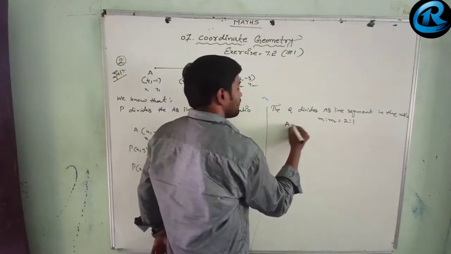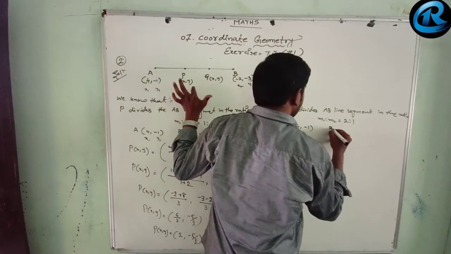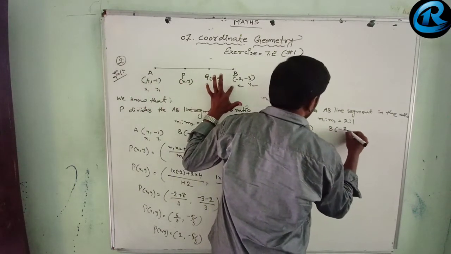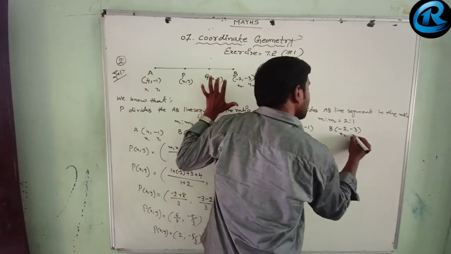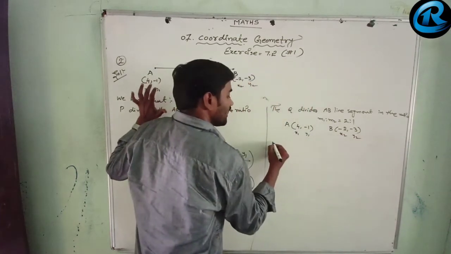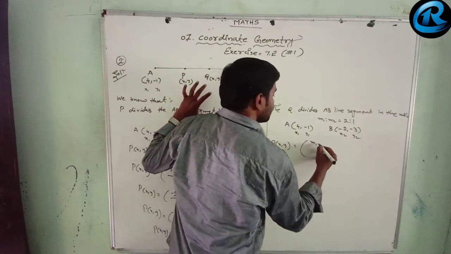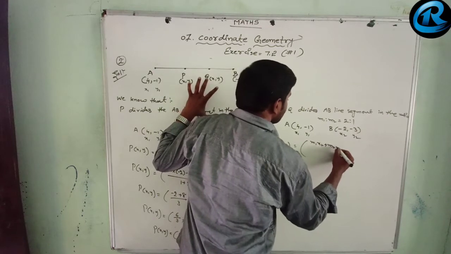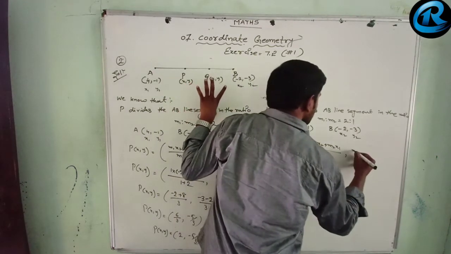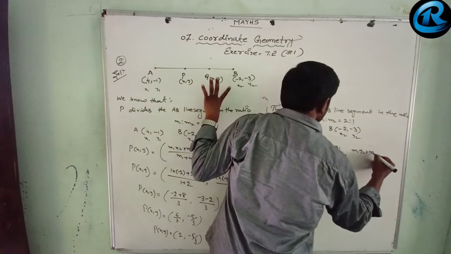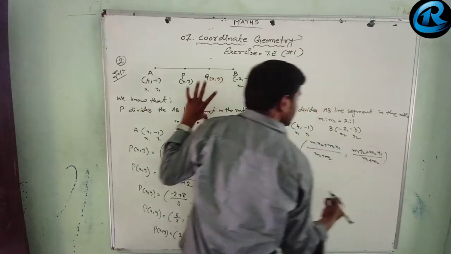Now we know that A point is 4 comma minus 1 and B point is minus 2 comma minus 3. It is x1 y1, x2 y2. Let us find out Q x comma y by using section formula, that is m1 x2 plus m2 x1 by m1 plus m2, m1 y2 plus m2 y1 by m1 plus m2.